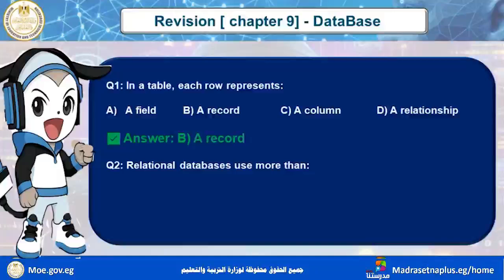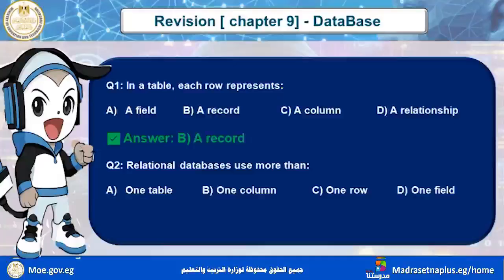Question number 2. A relational database uses more than one table, one column, one row, or one field? Yes, more than one table. A relational database uses more than one table.